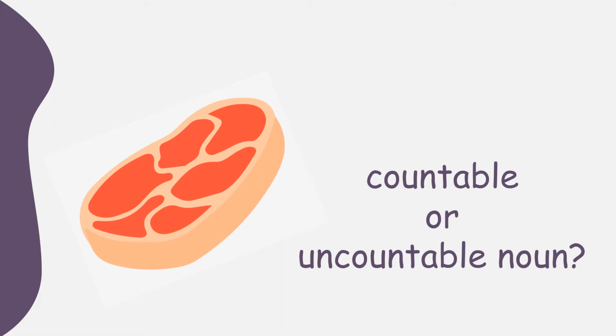Yeah, uncountable noun. Except it is counted with measurement, like 1 kilo of meat or 2 kilos of meat. Yes, with the measurement, you can count. But here, meat without any measurement, without any container, means you cannot count.